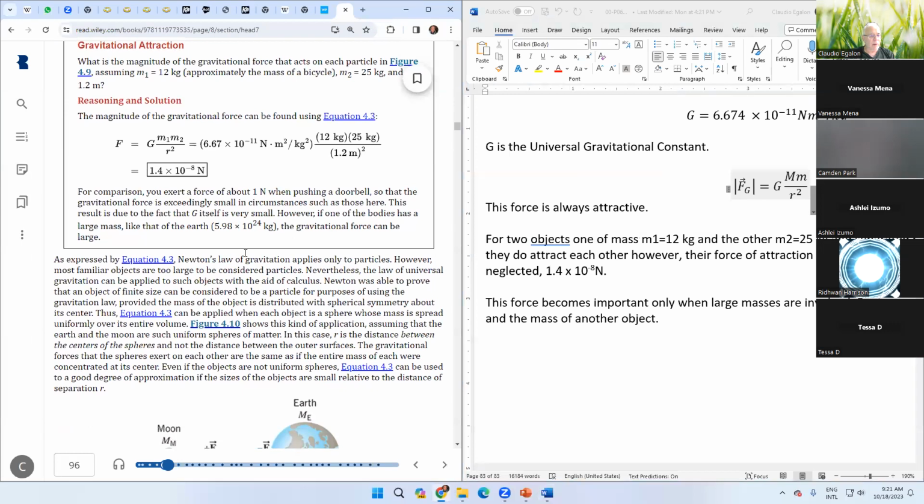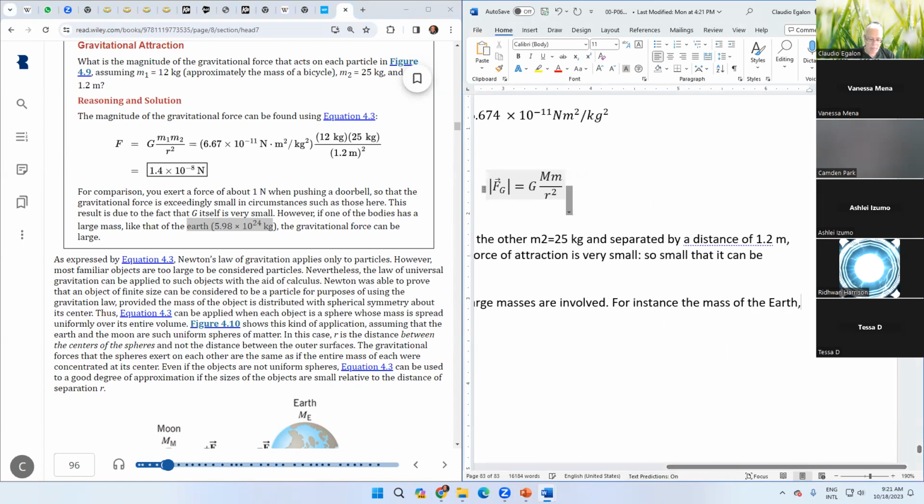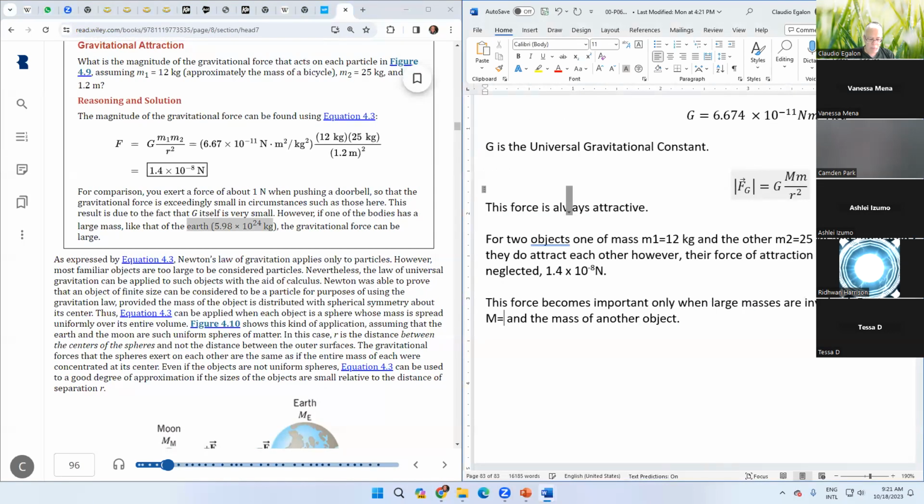Let's take a look. Oh, here you go. The mass of the Earth is M equal to 5.98 times 10 to 24 kilograms, and the mass of another object.